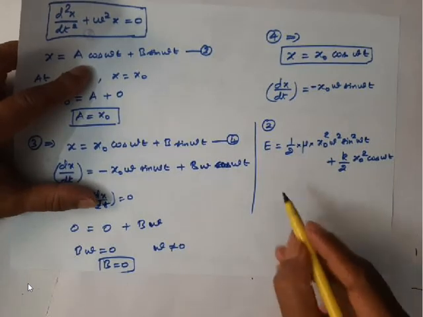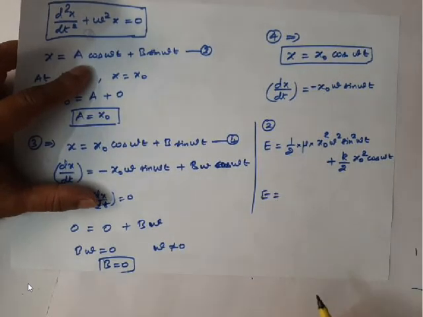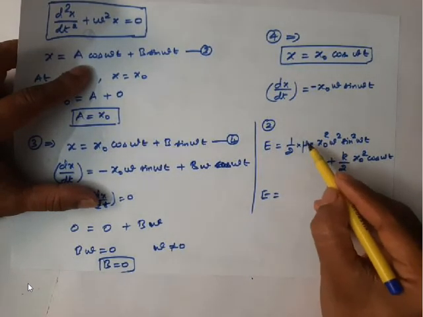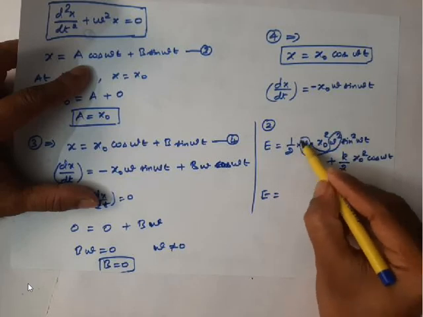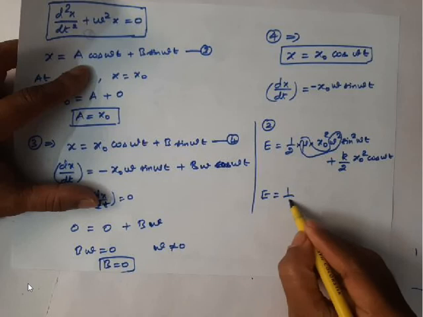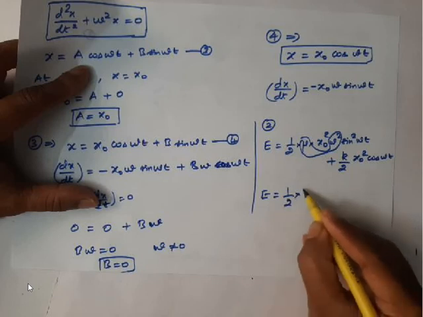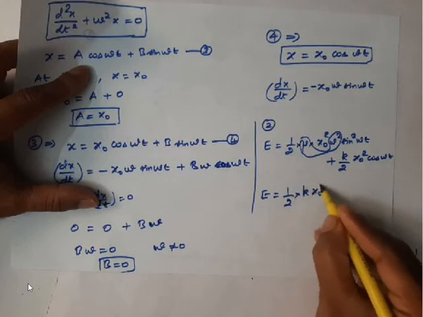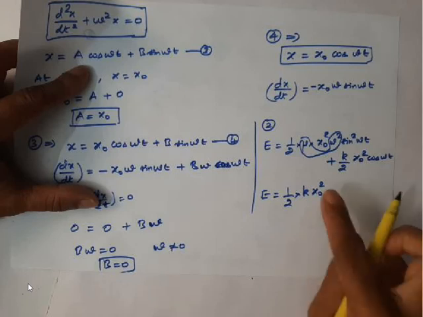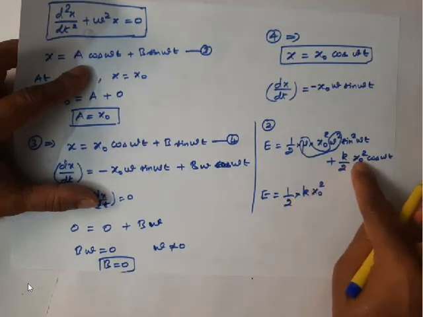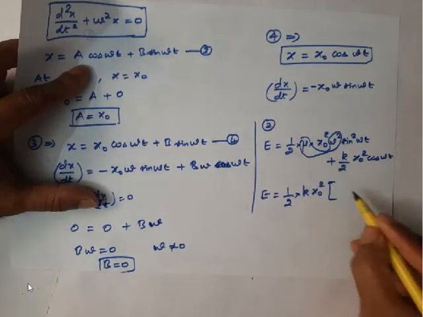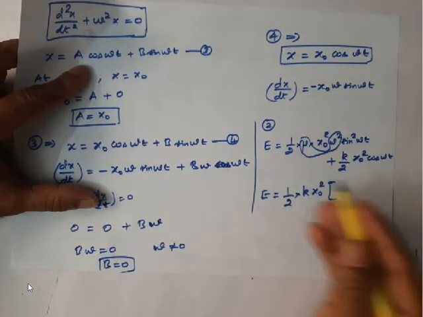Here, mu into omega square is nothing but k. So 1 by 2 into k into x naught square. You'll get 1 by 2 k x naught square in both terms, so I'll take those constants out.